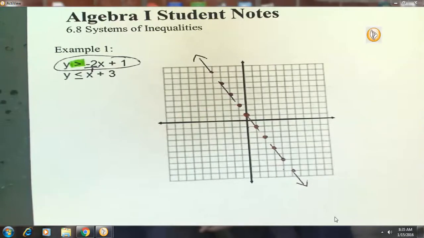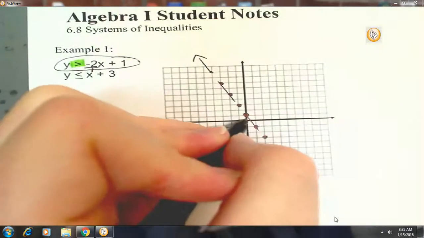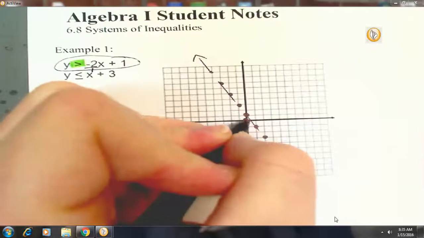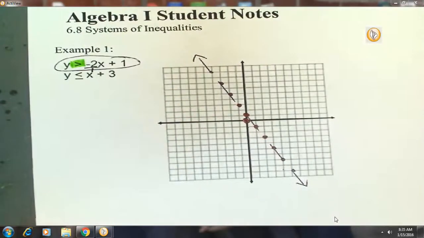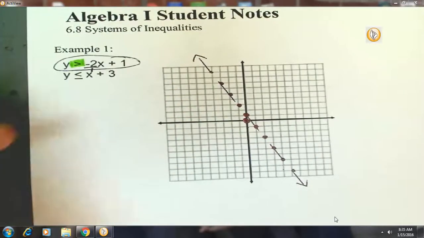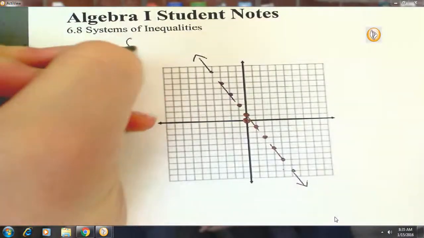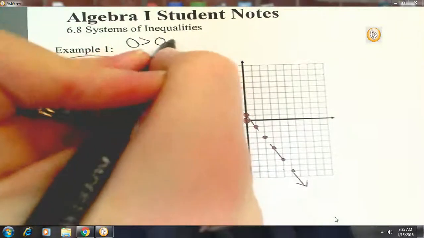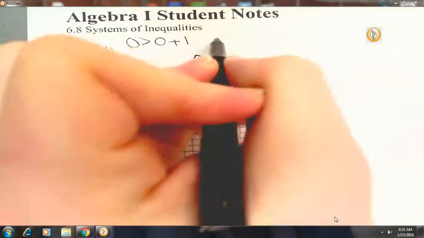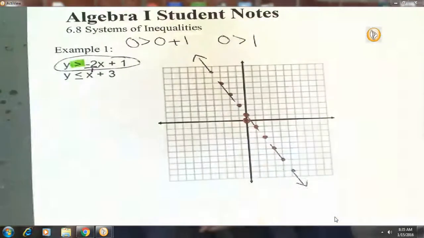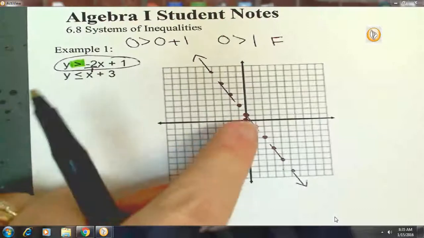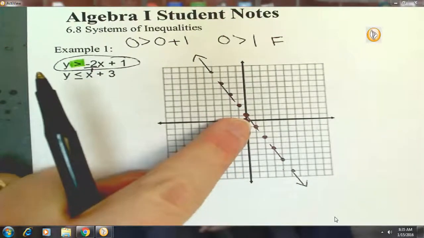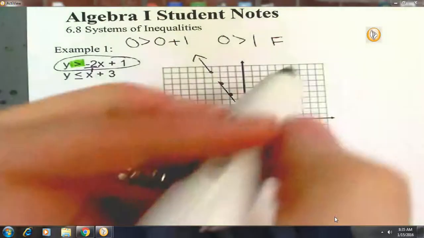Let's test 0, 0. Our line doesn't go through 0, 0, so we're fine. It's close, but it doesn't go through it. I'm going to put it into the original problem. Is 0 greater than -2 times 0 plus 1? So is 0 greater than 1? That's false. So the side with 0, 0 is false. Let's shade the other side, which is our true side.